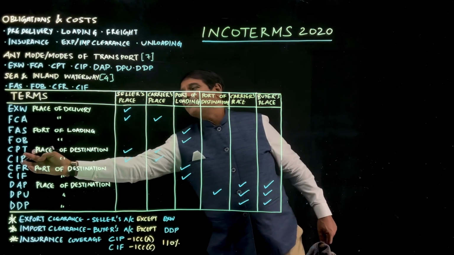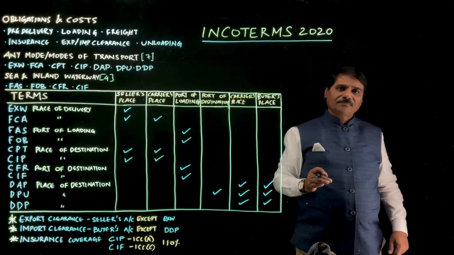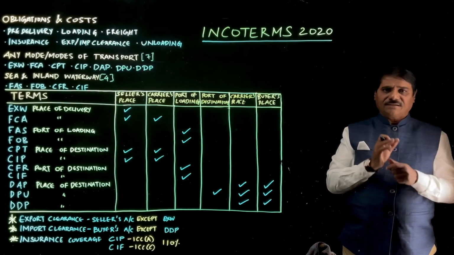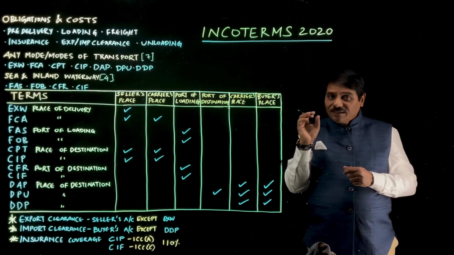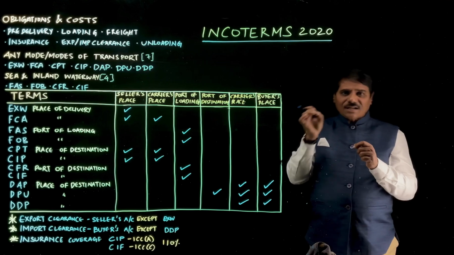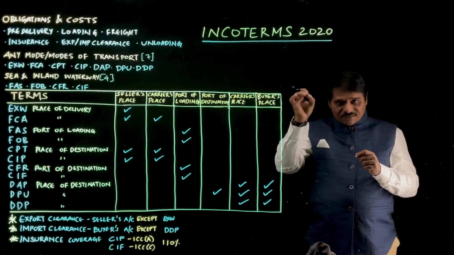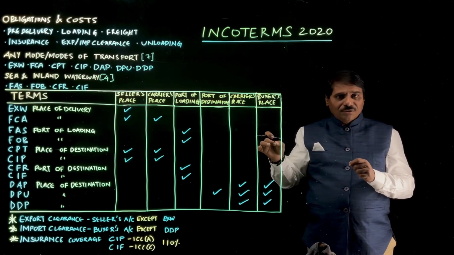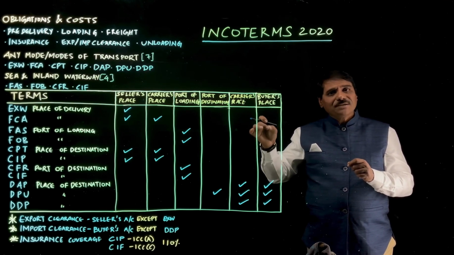Not Dubai. Here you are mentioning CPT Dubai. Dubai is the destination, but it is not a delivery point. The risk passes from seller to the buyer in the seller's country only, wherever he hands over the goods to the shipping company.